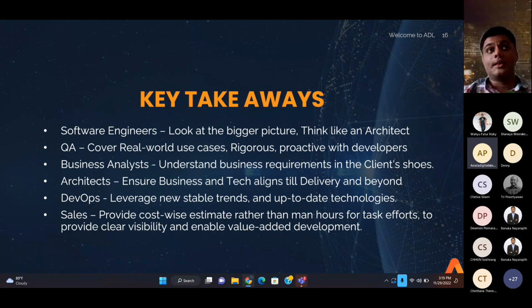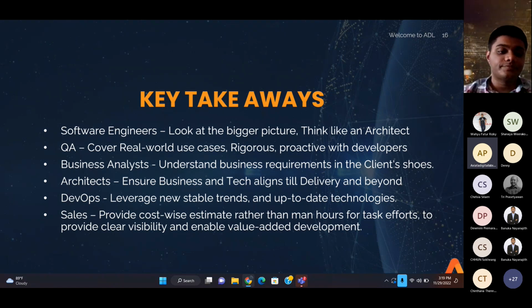So therefore, understanding within the client's shoes gives them a clear vision of the business. Architects should ensure business and tech align till delivery and beyond, ensuring no divorce between tech and business happens.